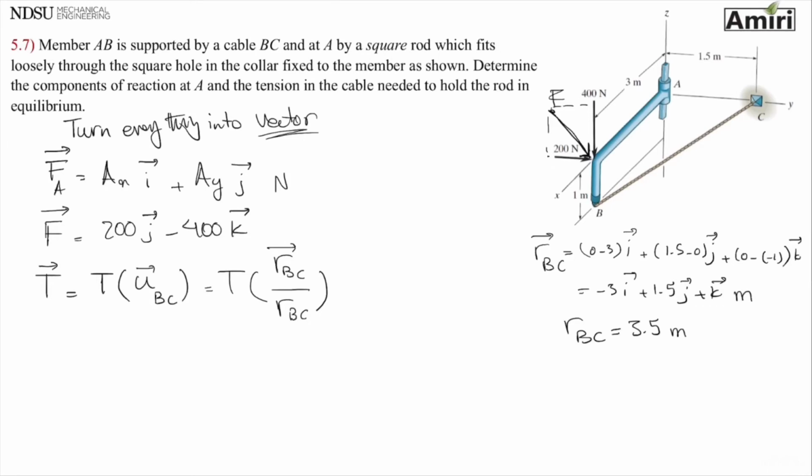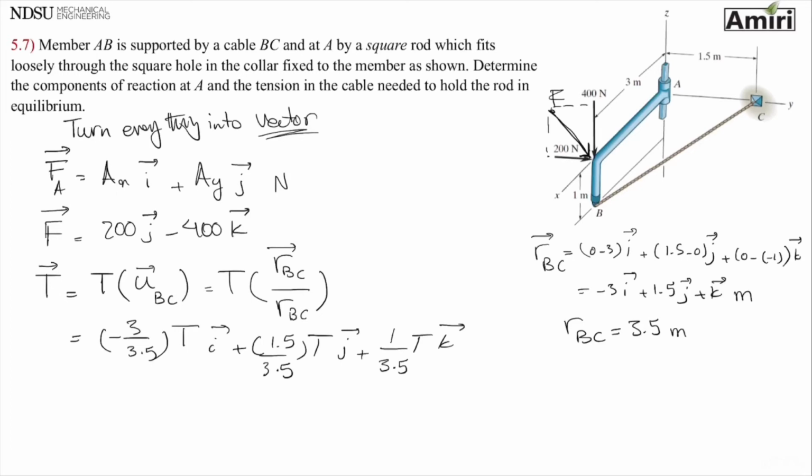Okay, so TBC is going to be minus 3 over 3.5 T I, 1.5 over 3.5 T J, 1 over 3.5 T K. And the units, I'm assuming it's eventually going to be Newton.